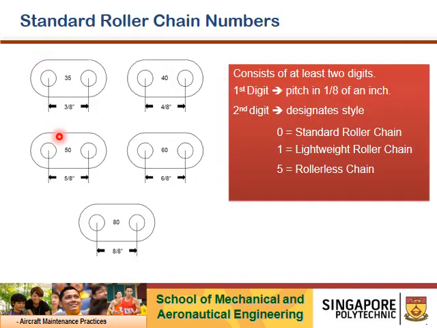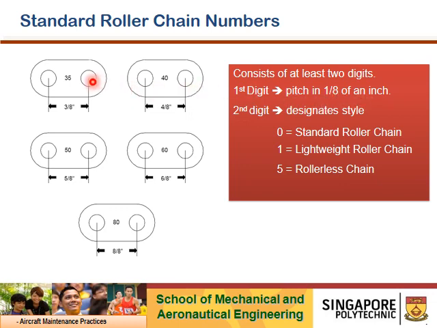Earlier, a slide mentioned the number that appears on the chain. What does the number refer to? It can be 35, 40, 50, 60, and 80. These are two digits. The first digit represents the pitch. Remember, one of the important dimensions you're very interested in is the pitch. The first digit represents the pitch in 1/8 of an inch.